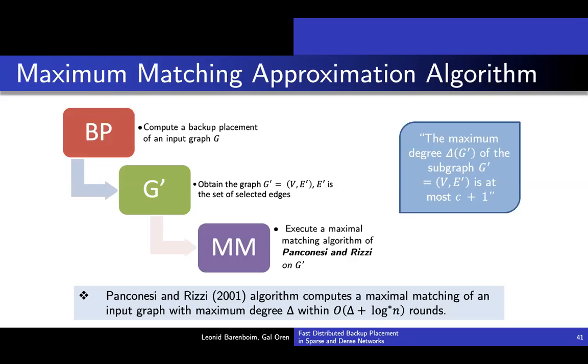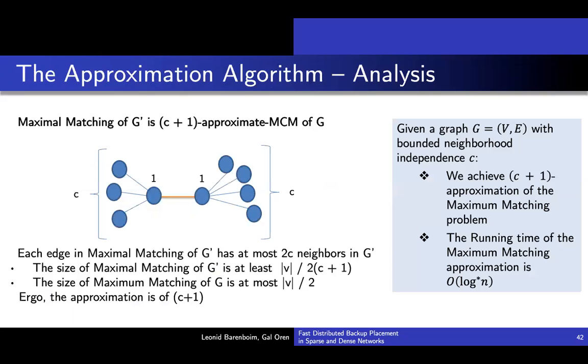So how does this give us a better approximation? For each edge in the maximal matching, the orange one in the diagram, we can see that there are at most 2C+1 vertices, as these include the vertices of the edge itself and 2C vertices of the neighbors, since G' has bounded neighborhood independence C. Therefore, the size of the maximal matching of G' is at least |V| divided by 2C plus 1.